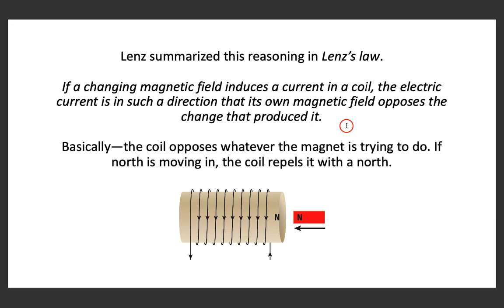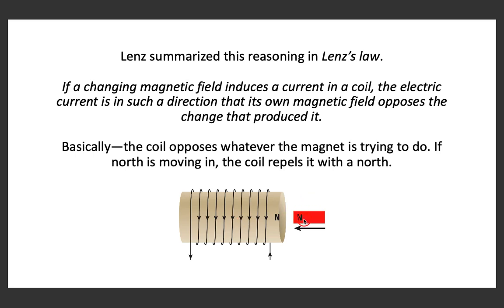Well, just basically look at it like this. The coil is going to oppose whatever the magnet is trying to do. So we have in this image the north end of our bar magnet being plunged into the coil. And so how is the coil going to respond to that? Well, it's going to generate a magnetic field that opposes what the magnet's trying to do.